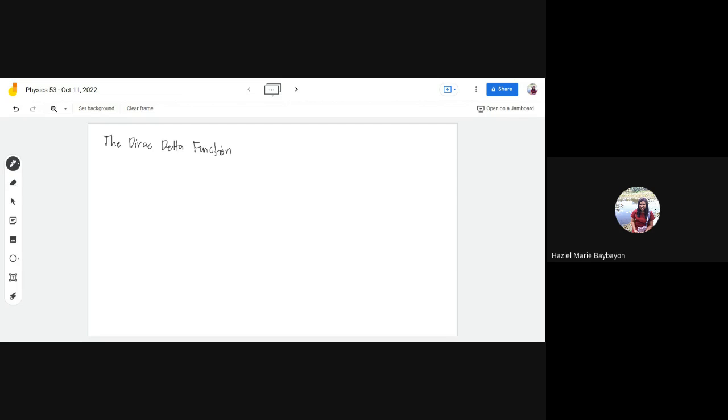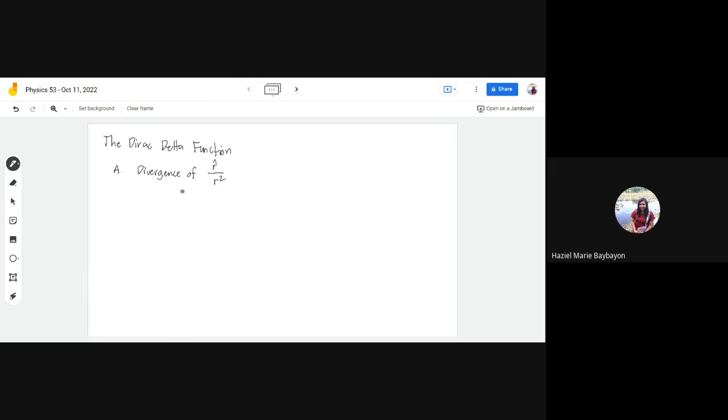Okay, so let us start with the divergence of this function. This is a vector function, and this vector function is familiar because we had this in our previous examples.